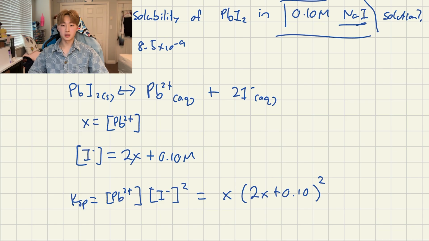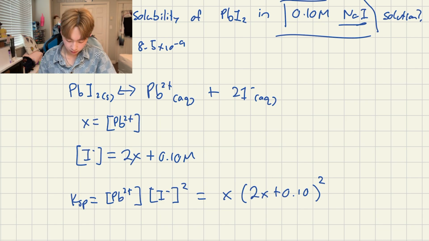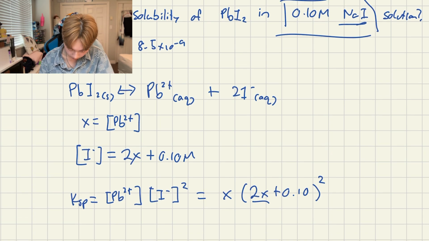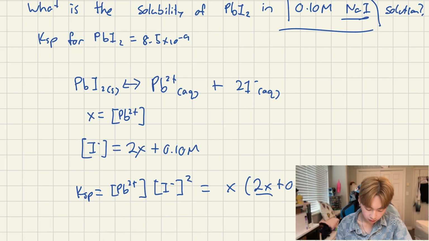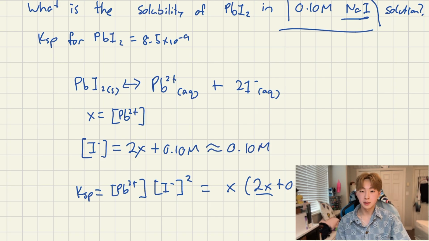So what do we do in this situation? We're just going to assume that 2x is negligible, because usually solubilities are very small and it's like nothing compared to 0.10 molar. So we'll say that our concentration of I- is approximately equal to 0.10 molar. But remember to state your assumption that 2x is very, very small. You have to write that down.